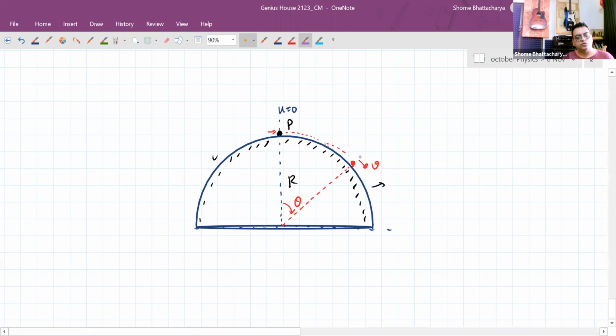So if you analyze the forces acting on the body, you can see that there's normal reaction and there's weight, only these two. So the important thing is that normal reaction acts radially outwards. So it is perpendicular to the instantaneous velocity at any instant.